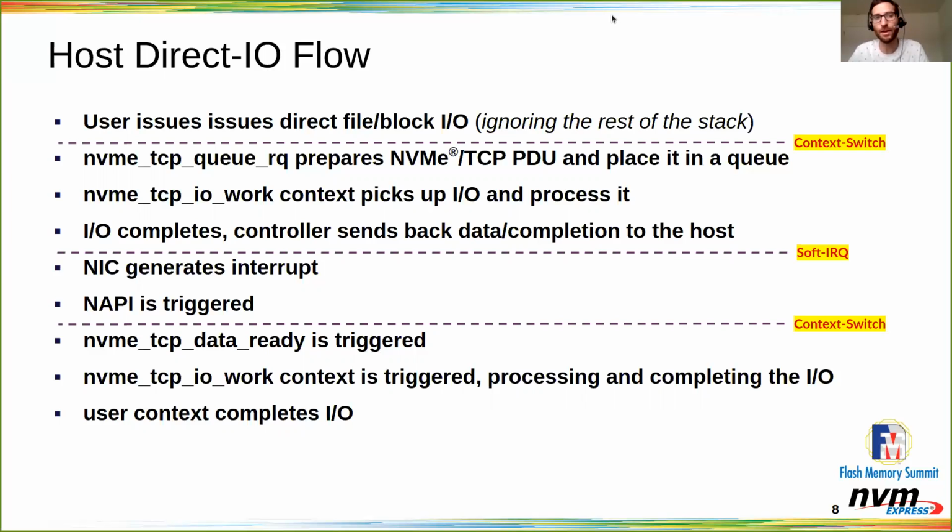Then we have a soft IRQ between the interrupt and when NAPI is triggered. And then we have an additional context switch once the data ready is called and the IO work context actually goes ahead and processes the IO. So these are the three points where we can help eliminate.